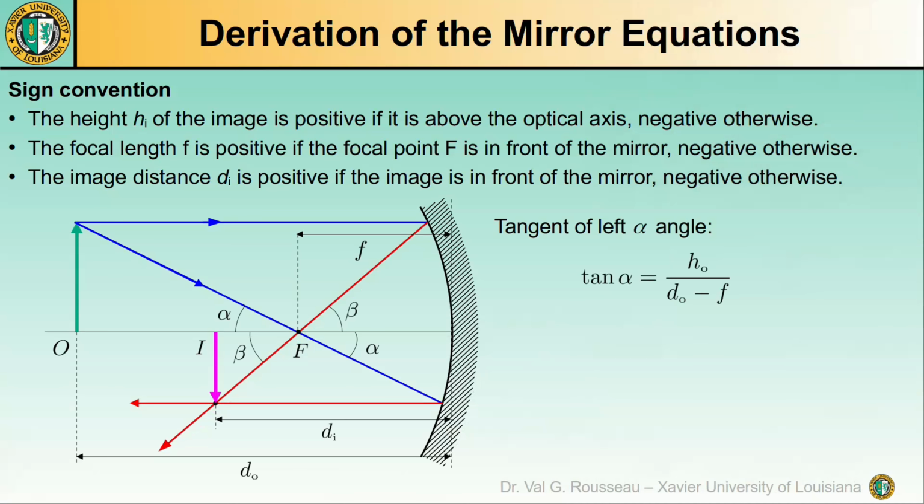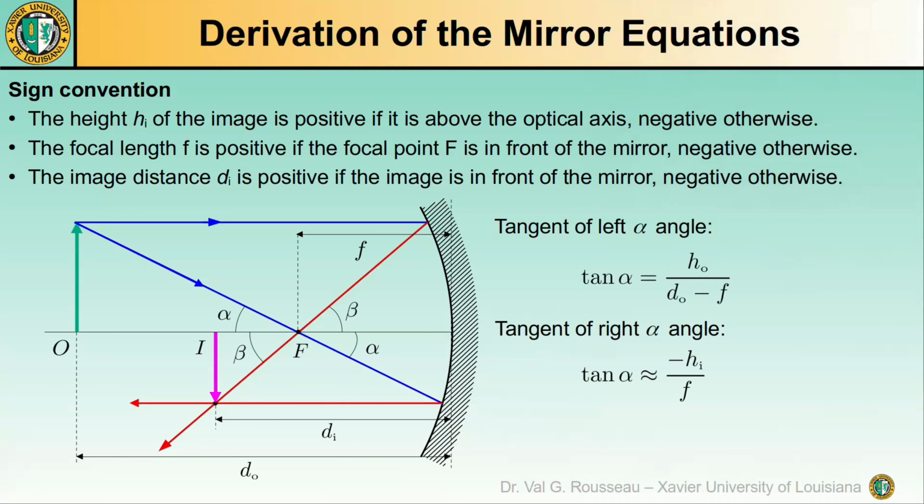We first write the definition of the tangent of the left alpha angle. The opposite side of that angle is the object's height, ho, and we can see that the adjacent side is the object's distance do minus the focal length f. Next, we write the definition of the tangent of the right alpha angle. The opposite side is nearly the height of the image hi, but remember the sign convention.